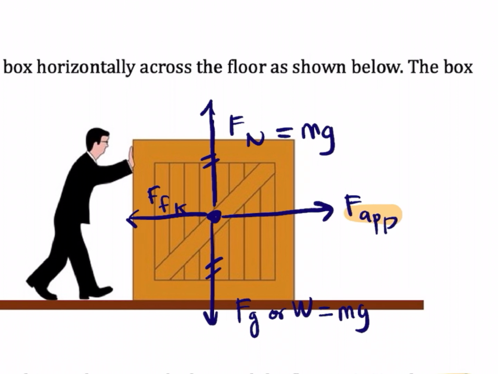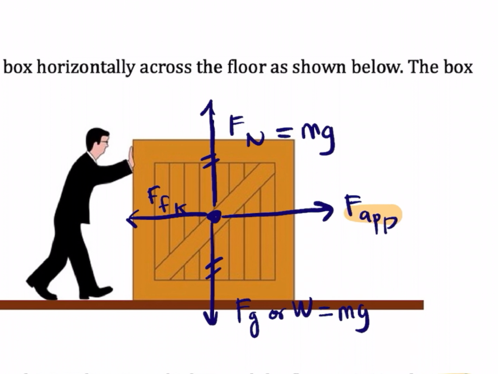Now we expand Fk. Our applied force is what we need to solve for. Kinetic friction is just equal to mu k times the normal force. This is the formula for kinetic friction: mu k, which is the coefficient of friction, times Fn, which is the normal force.